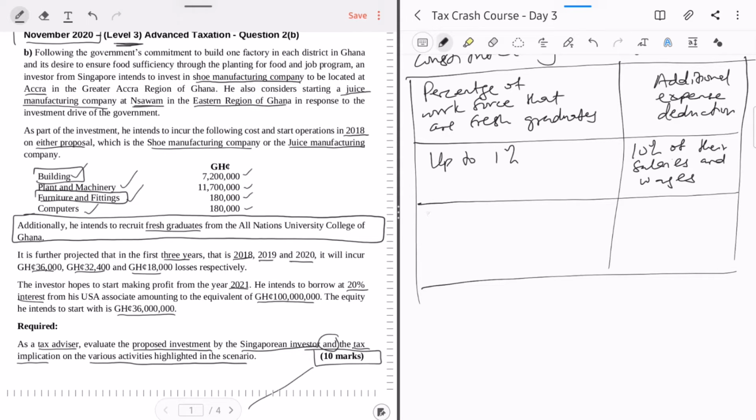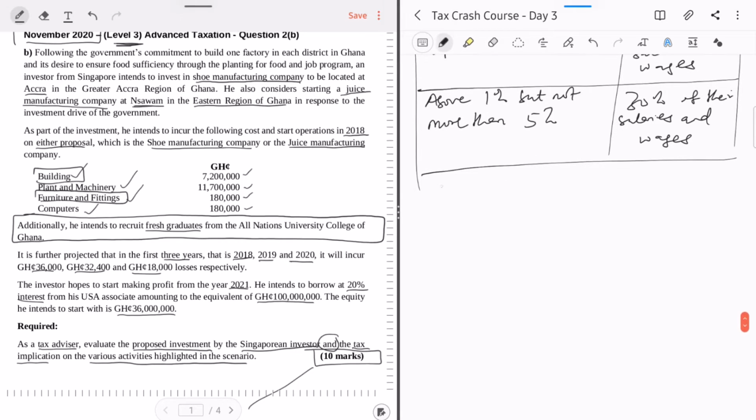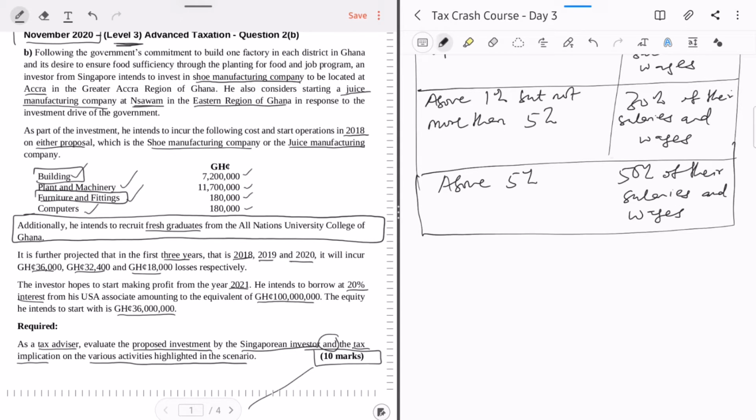If you have above 1%, but not more than 5% of your workforce, then you get 30% of their salaries and wages as an extra deduction. If more than 5% are made up of fresh graduates, then you get 50% of their salaries and wages as an extra deduction, right?